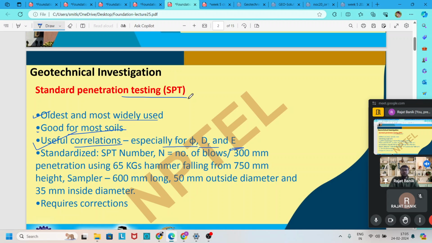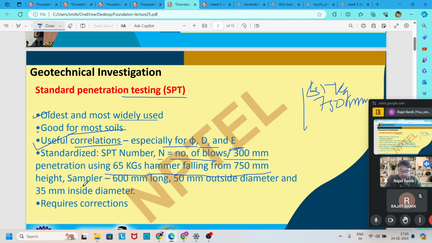Then we also standardize our SPT number, that is, the SPT number is the number of blows per 300 mm depth of penetration using a 65 kg hammer falling from 750 mm. So the height of falling is 750 mm, and the hammer weight is 65 kg.